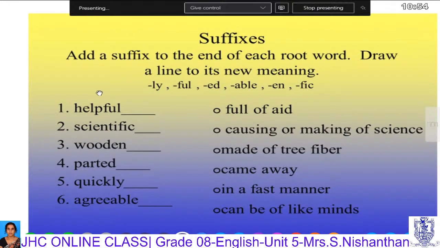Right. Now, add a suffix to the end of each root word. Draw a line to its new meaning. Right? I think you can do it soon. Helpful. Right?